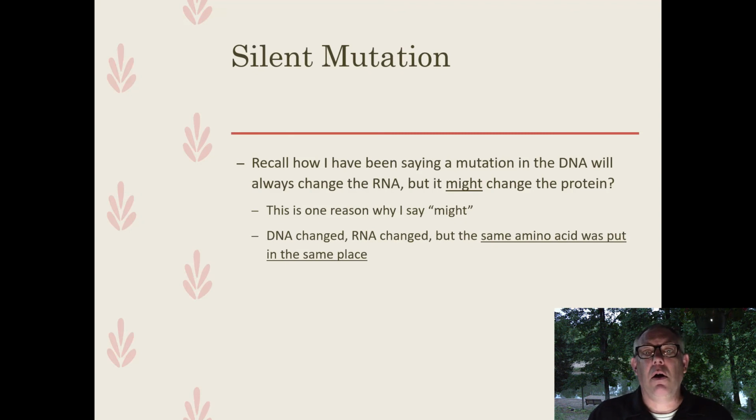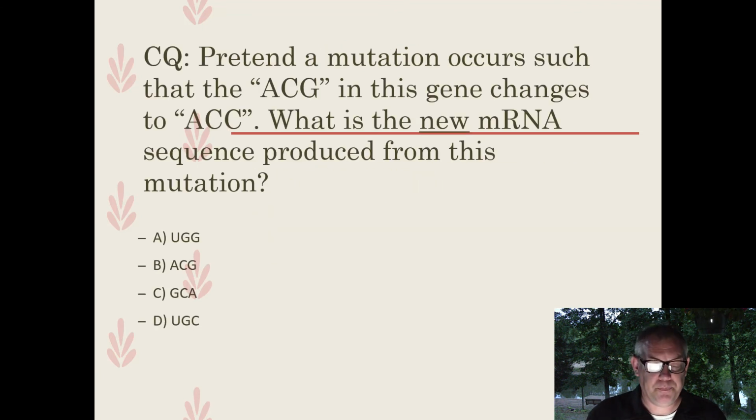I've been saying all along that if you change the DNA, you definitely will change the RNA, and that might change the protein. Now you see why I say might. The DNA changed, the RNA changed, but you got the exact same amino acid in the exact same spot, so there's no way of telling. You got the exact same protein. Silent mutation.